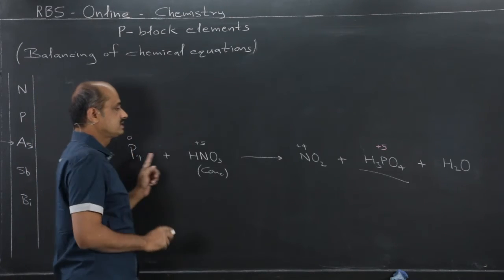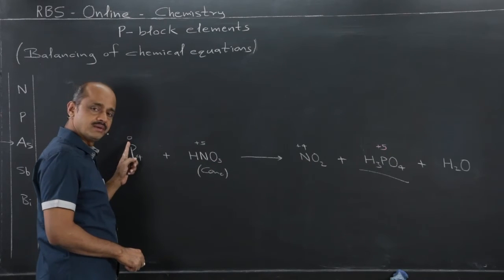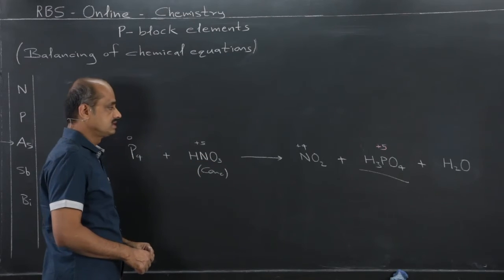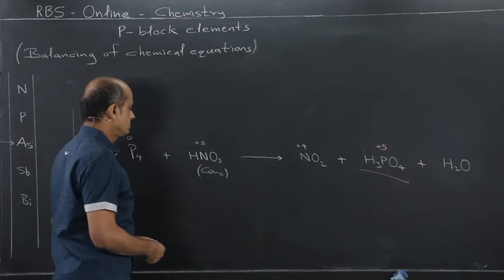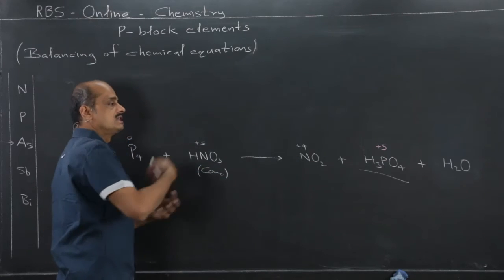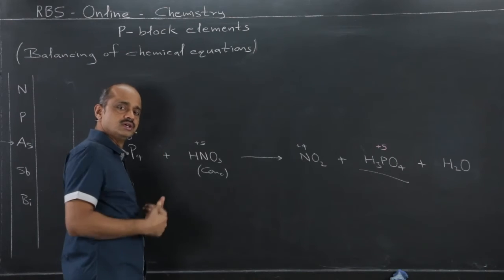If 0 phosphorus changes to plus 5, means phosphorus elemental, uncombined, in phosphoric acid it carries plus 5 charge, means it has tendency to release 5 electrons. At the same time, if someone is capable of releasing electrons, there should be another which has capacity to gain electrons.